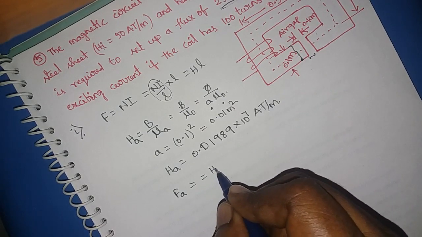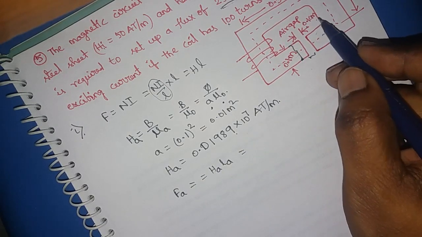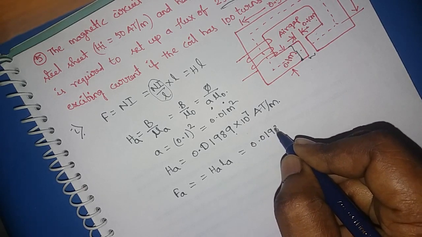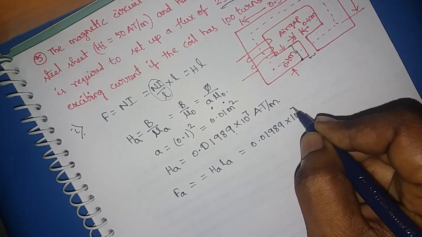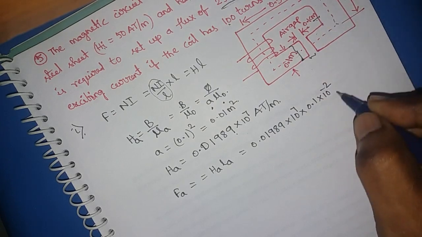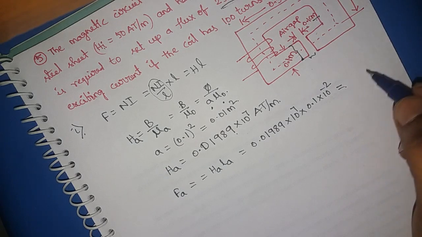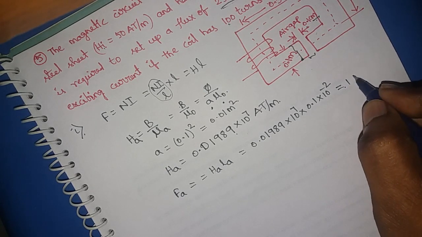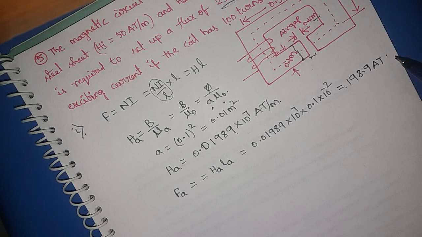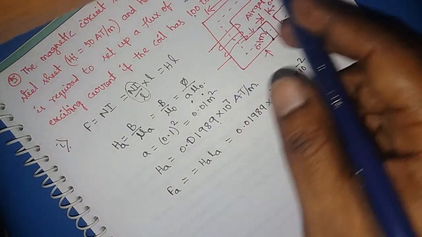This is equal to Ha into La. Ha is given by this value, and La is 0.1 centimeters, so 0.10199 into 10 power 7 into 0.1 into 10 power minus 2, because this is in centimeters and we need meters. If we calculate this value, it is given by 198.9 ampere turns.